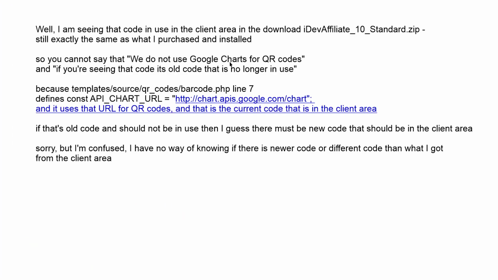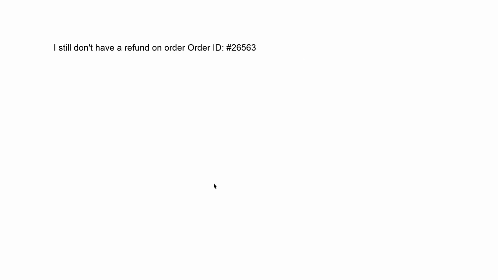So I write back and I tell him, you cannot say that you do not use Google Charts and that it is no longer in use, because that is the current code that is in the client area that I just downloaded. So I'm confused. He doesn't say there's any changes or updates. He just says they don't use Google Charts, when in fact they do.